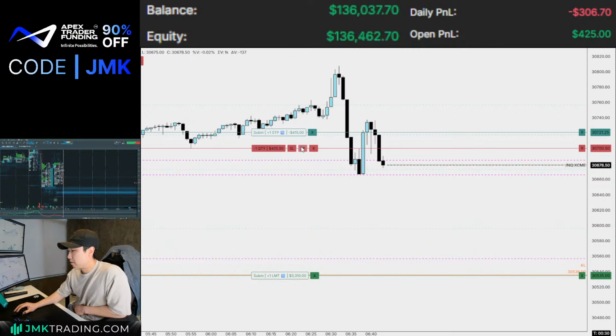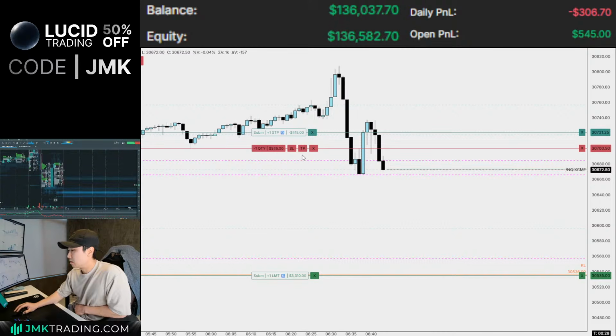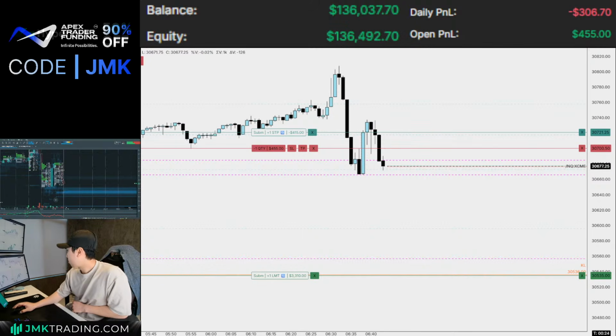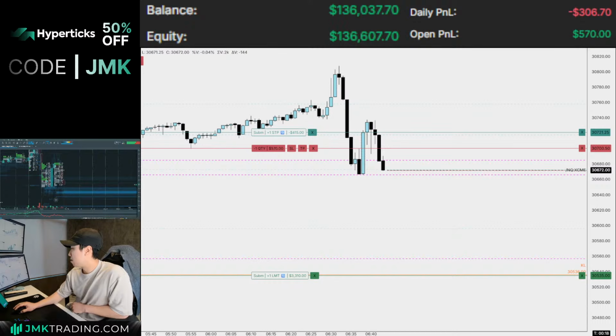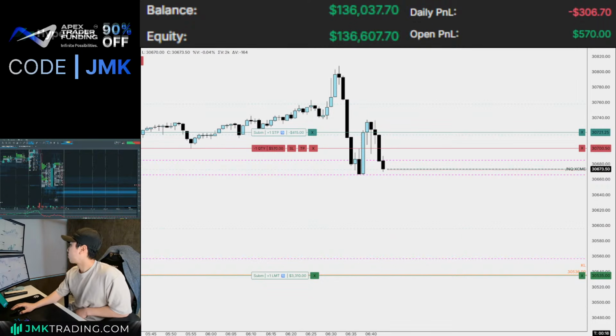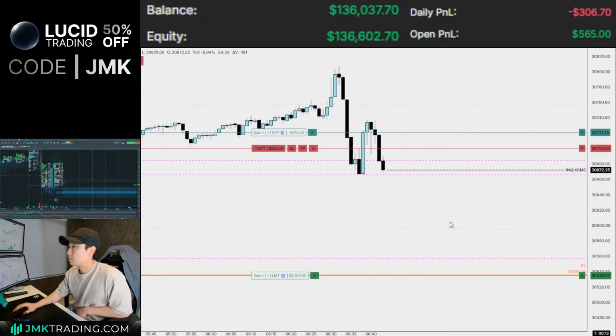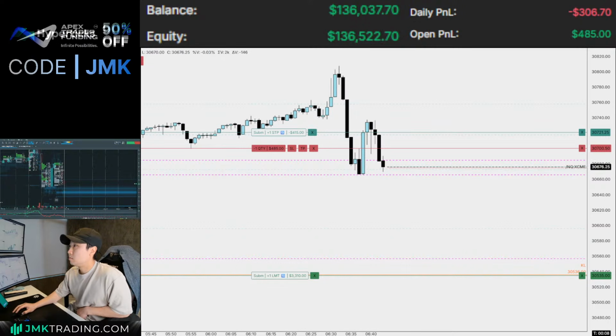But if we can't break below the current low, this is likely going to stop us out and we'll probably go higher. But either way, I'm fairly bearish on this. I like this for a big move down. So we're at that 670 level. Remember, it's pretty much make it or break it here.